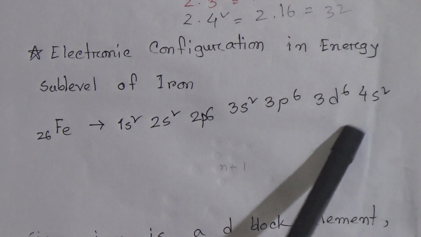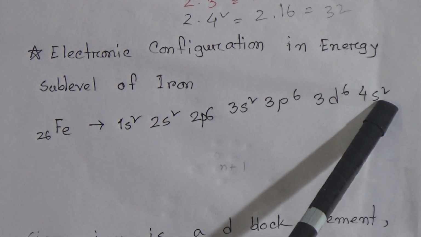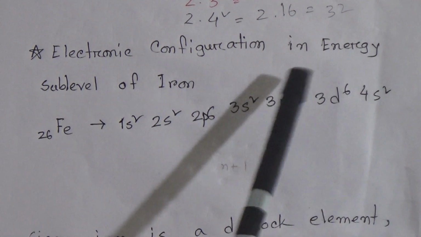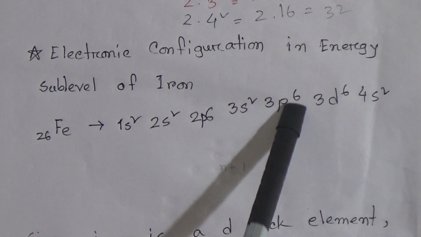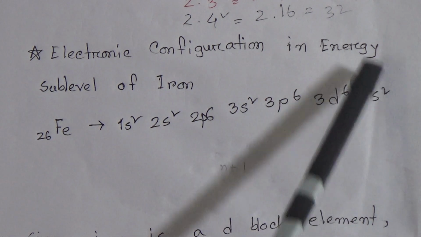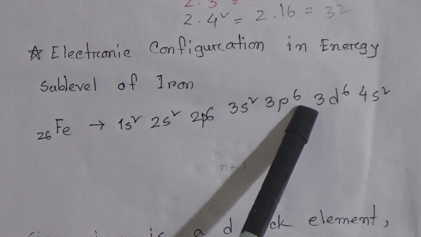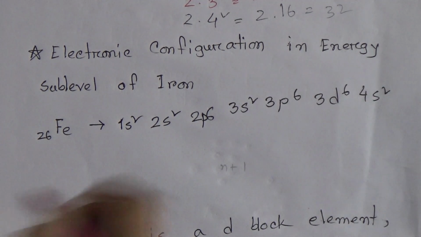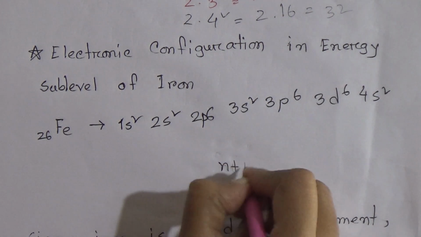Why does it go first to 4s2? Dear students, we know after 3p6 the electron first goes to 4s2, then the rest of the electrons come to the 3d6. The rule is n plus l.